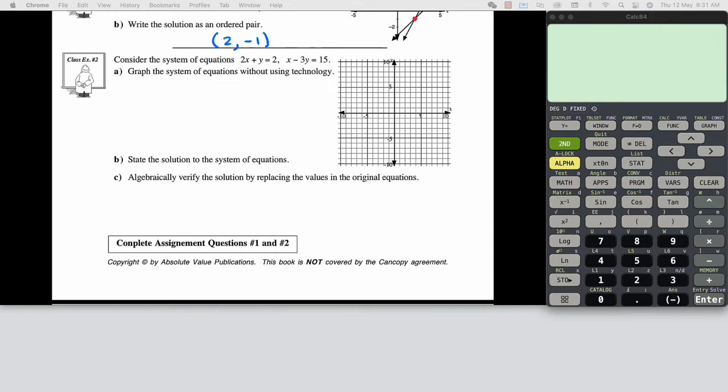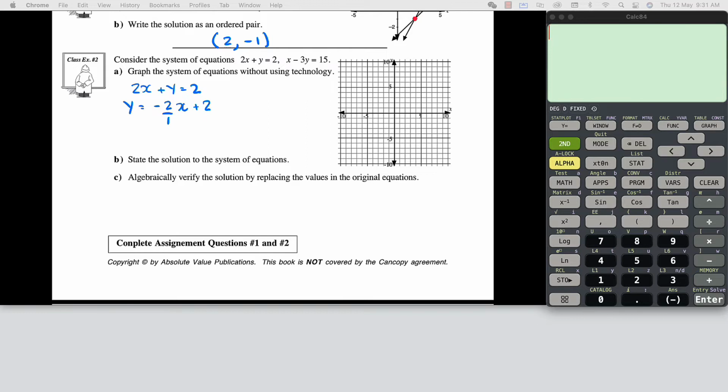So it says to graph it without using technology. Again, I'm going to take my original equation, 2x plus y equals 2, and put that into the slope y-intercept form. So I get y equals negative 2 over 1 x plus 2.